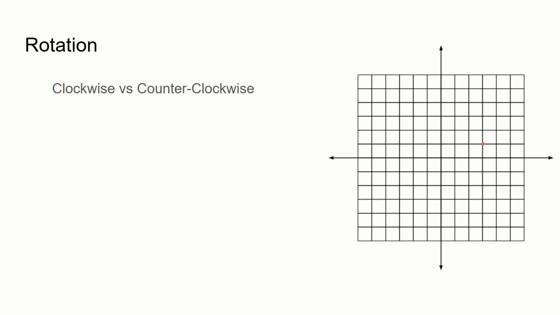So let's take this point and let's start going through what some of the most common rotations would look like. So 90-degree clockwise, which is the same thing as 270 degrees counterclockwise. So 90 degrees is going to end up like this, 270 ends up like this, so we go to the same spot.